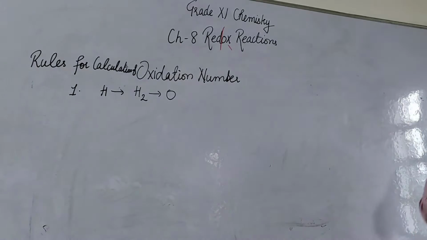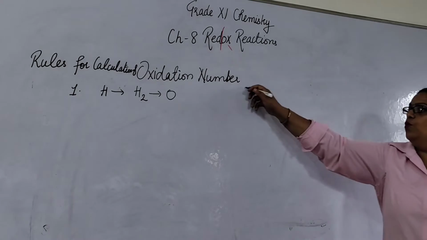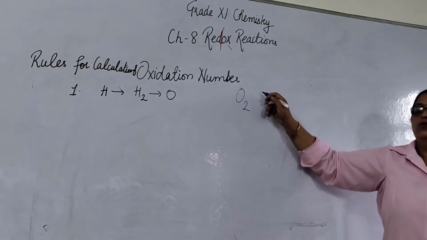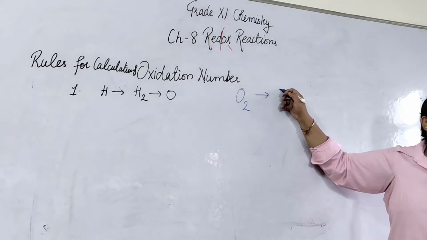Similarly, oxygen occurs in nature in the form of O2, so the oxidation number here will be 0.